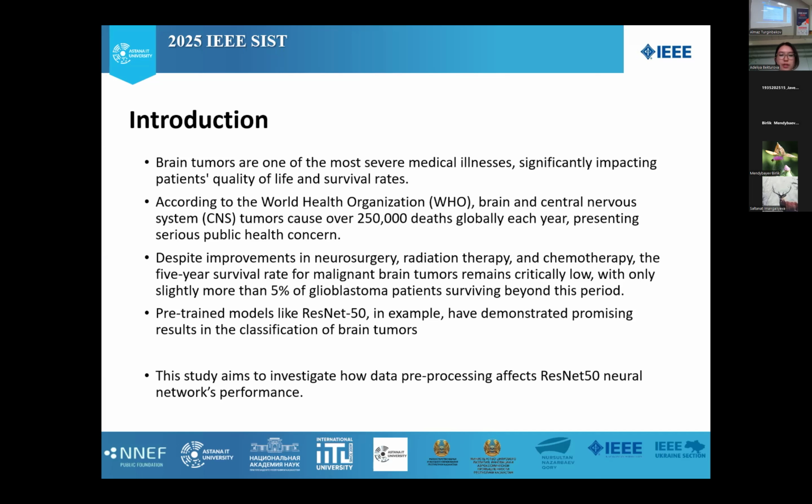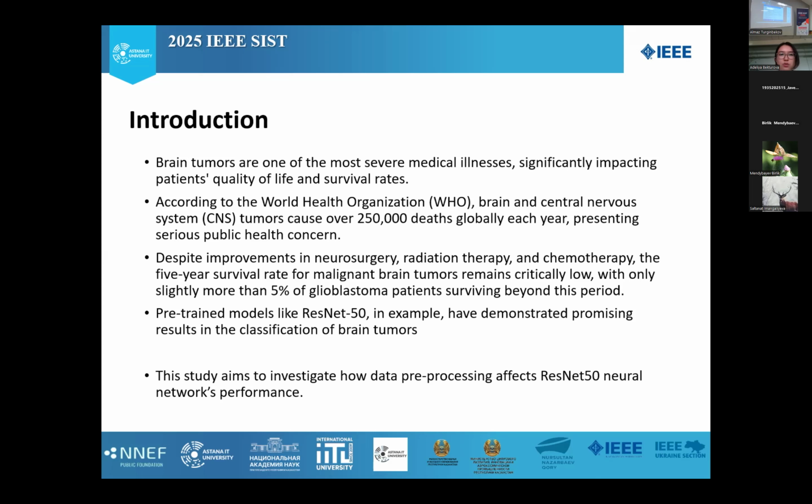According to recent data from the World Health Organization, over 250,000 deaths annually worldwide are attributed to brain and central nervous system tumors, emphasizing an urgent public health concern. Despite significant technological and therapeutic advancement in neurosurgery, radiation therapy, chemotherapy, etc., survival rates of brain tumors remain disappointingly low.